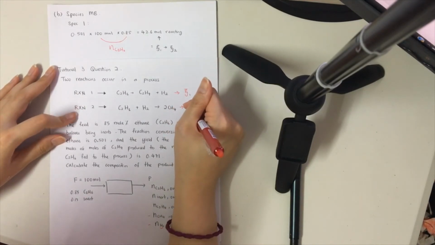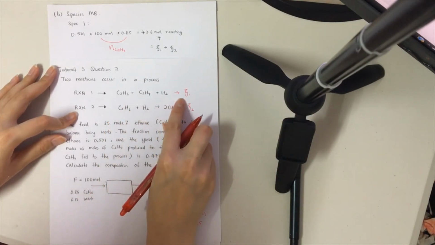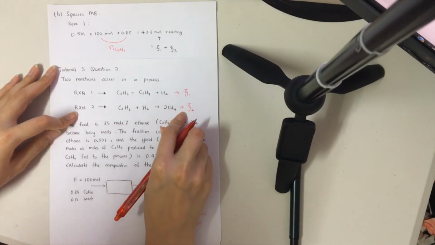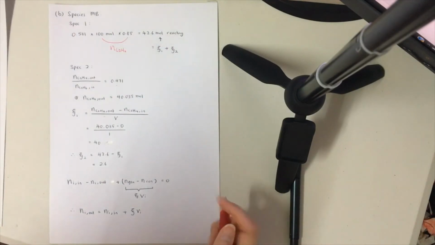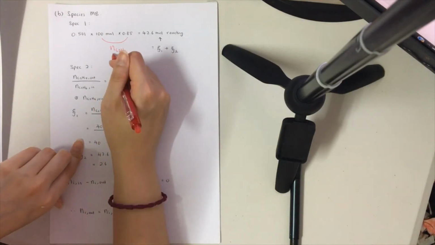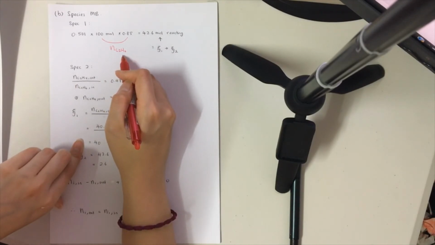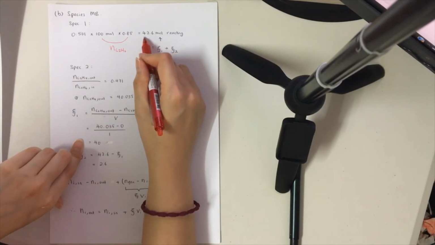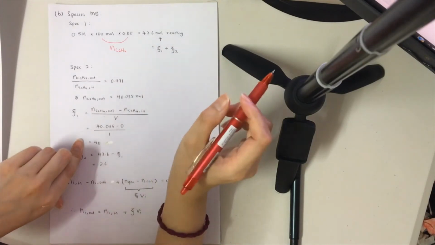Reaction 2, you have extent of reaction number 2. Each reaction will be based on its extent of reaction, because each reaction is different. So this is an overall. The conversion here is for the overall C2H6. Therefore, this 42.6 moles reacting is actually a combination of extent of reaction 1 plus extent of reaction 2.